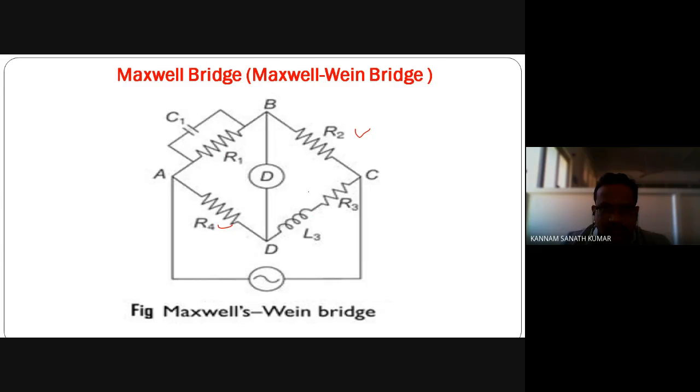We know the capacitance value and the resistance value. You need to find the inductance L3 and the resistance R3 in terms of the known capacitance and resistances.